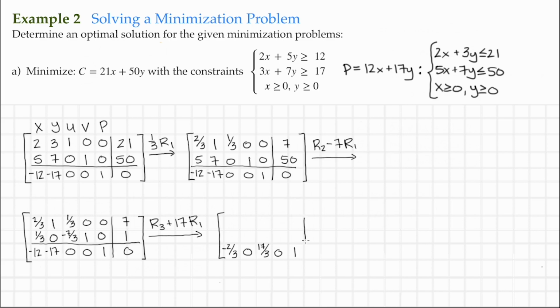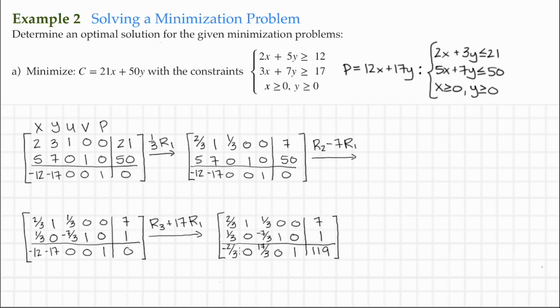Bring down our vertical bar. 7 times 17 is 119. And 0 plus 119 is 119. Close off our matrix, and we fill in the rest. And finally, of course, put in our horizontal bar.